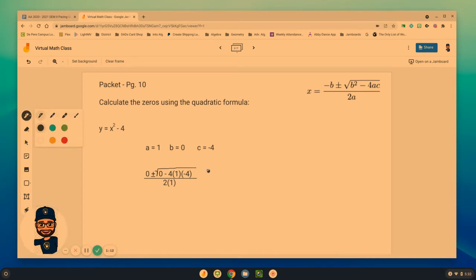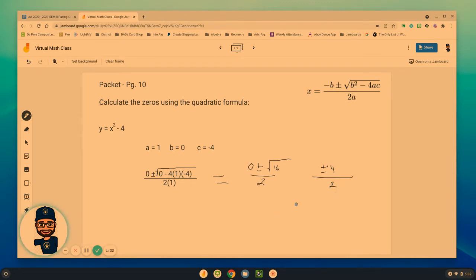If we carry that on, negative 4 times 1 times negative 4 becomes positive 16 underneath, all over 2, which means we have plus or minus 4 all over 2.